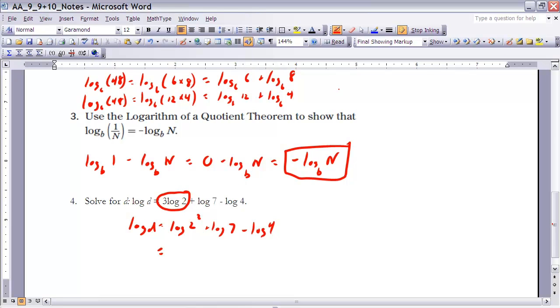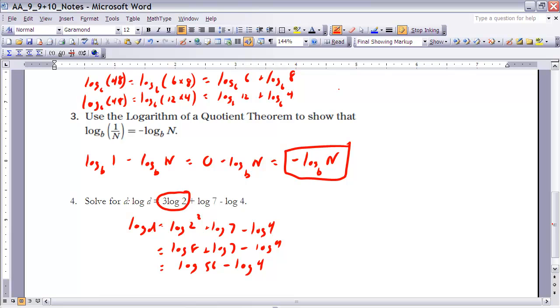So that's like saying the log of 8 plus the log of 7 minus the log of 4. Well, the log of 8 plus the log of 7, I can use the product theorem on that and say that's the same as the log of 56 minus the log of 4.